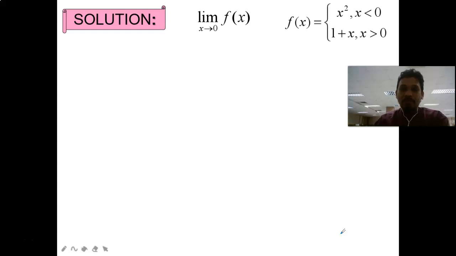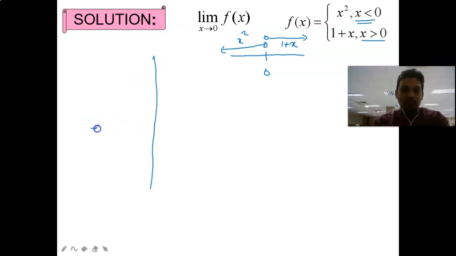And what about this one now? The domain of x: for x less than 0 the function is x squared, and for x greater than 0 the function is 1 plus x. So now, the graph of x squared is something like this.